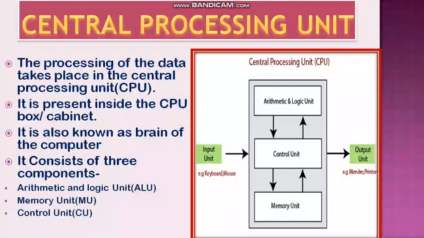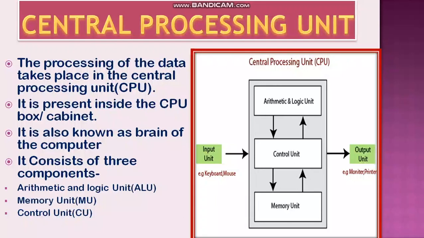Now let's discuss the central processing unit, or you can say the processing unit, which processes the input. The processing of the data takes place in the central processing unit that we know as the CPU. It is present inside the CPU box or the cabinet.